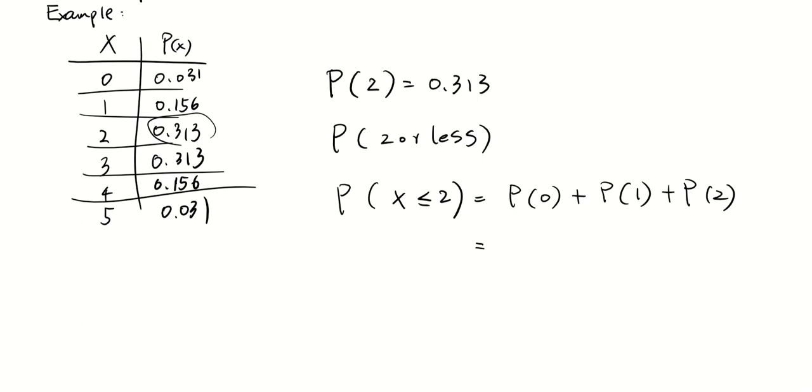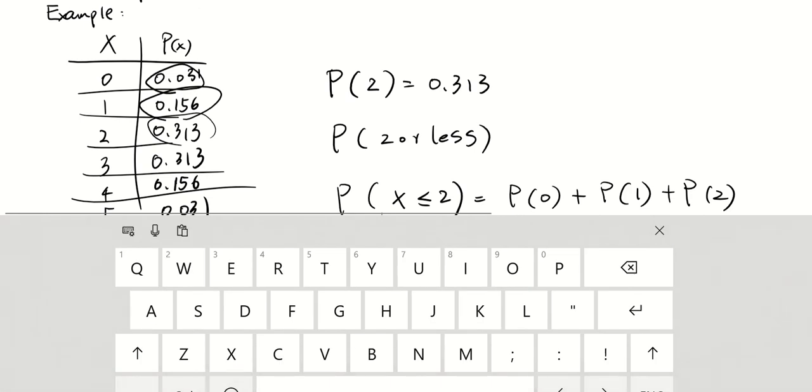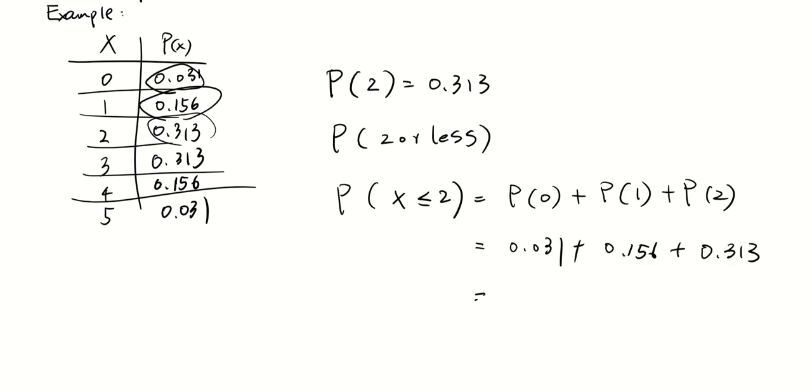So you will add up 0.031, which is from here, plus P of 1, 0.156, plus 0.313. Whatever that number is will be the probability of having 2 girls or fewer when having 5 kids. In this case, P of x less than or equal to 2 is 0.5.